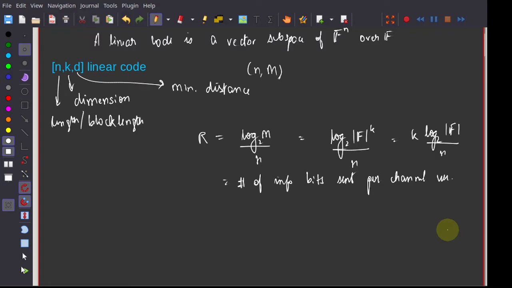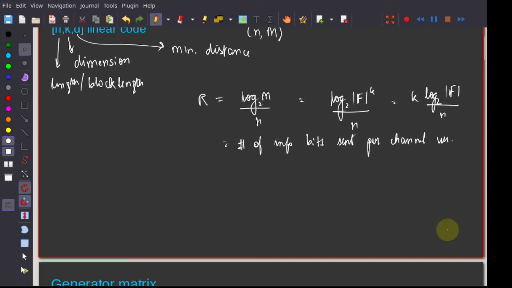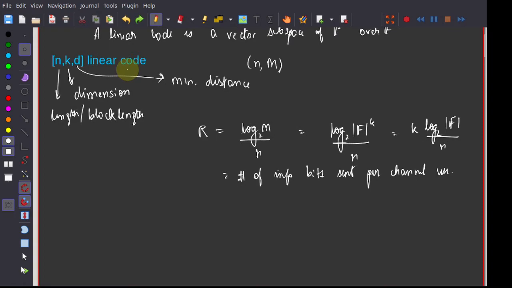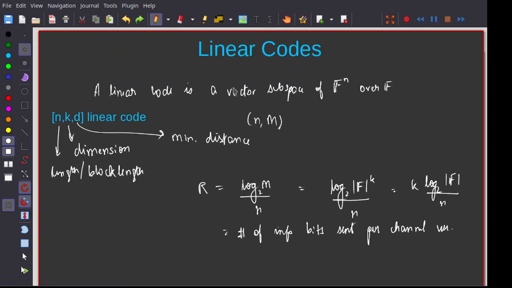Okay, so let's take an example. But even before that, now you know that a linear code is a vector subspace over F. What are the different ways in which you can specify a linear code or a vector space? What do you need in order to describe a vector subspace of F^n?